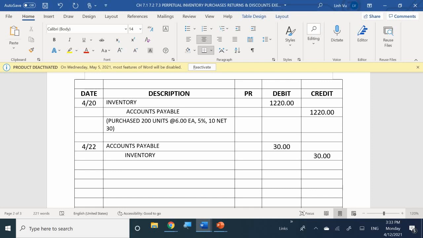Okay, I think I got lost. Wait a minute. 25 times 6 is 150, right? 25 because that's how many items were the wrong color at $6. Times it by the 20% because we're only getting 20% off from that original amount.